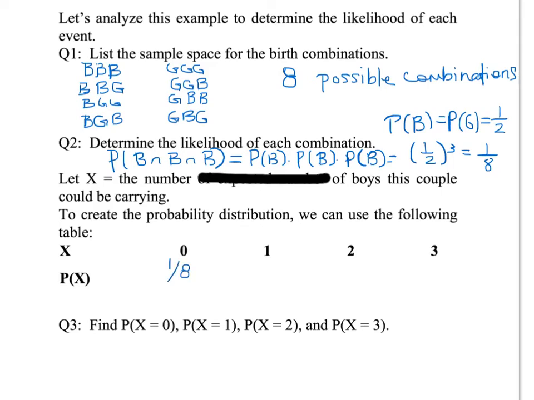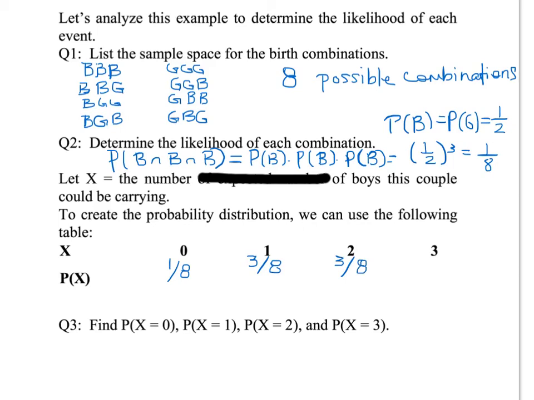Probability of having only 1 boy: that happens when I have boy, girl, girl; girl, girl, boy; or girl, boy, girl. There are 3 cases where that happens. Each one has a probability of 1/8, and so if I add those together, I have 3/8. Likewise for 2: boy, boy, girl; boy, girl, boy; and girl, boy, boy. This is a probability of 3/8.